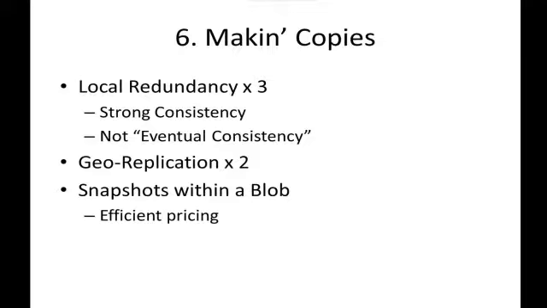You would do it in chunks of probably 4 megabytes. And the granularity there is the granularity of the price difference. So if you have a blob that has, say, 100 of these chunks in it, and the change delta was only in 2 of the chunks, then you would only pay for the pricing difference in those 2 chunks.